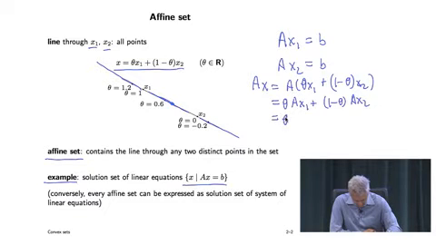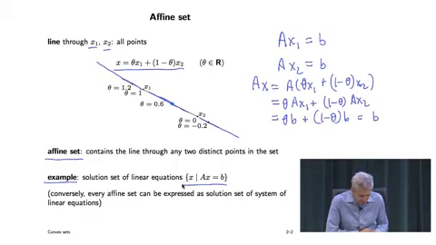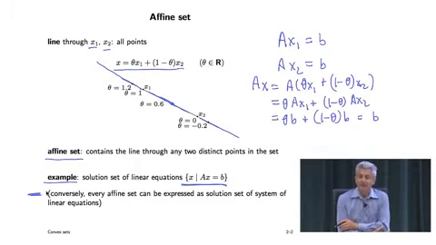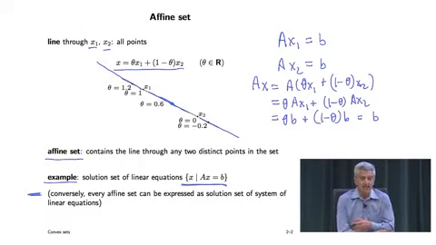And that's theta b plus (1 minus theta) b, and that is b, right? So that's the verification that the solution set of a set of linear equations is an affine set. Now, it turns out the converse is also true: if you have any affine set, it can be written as the solution set of a set of linear equations.